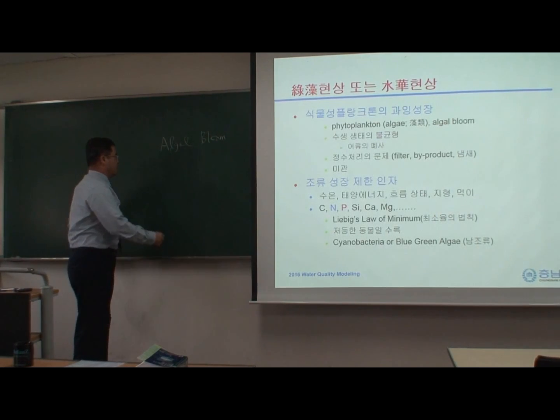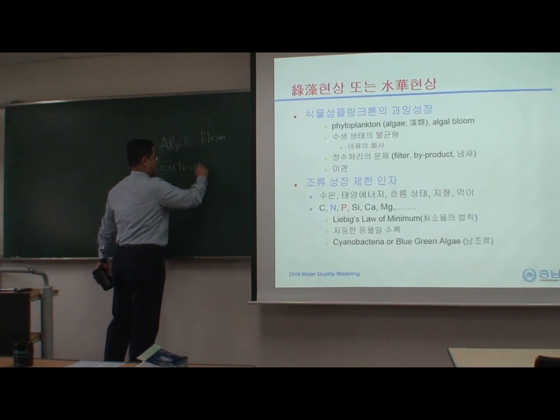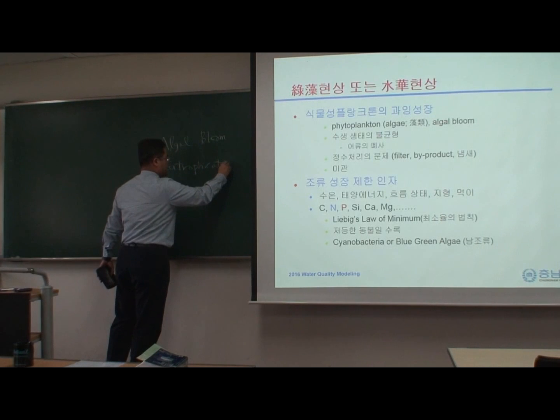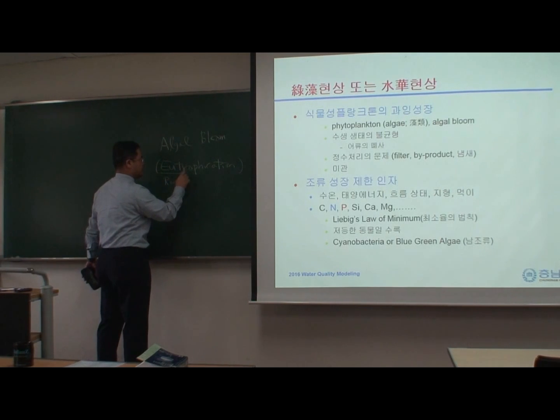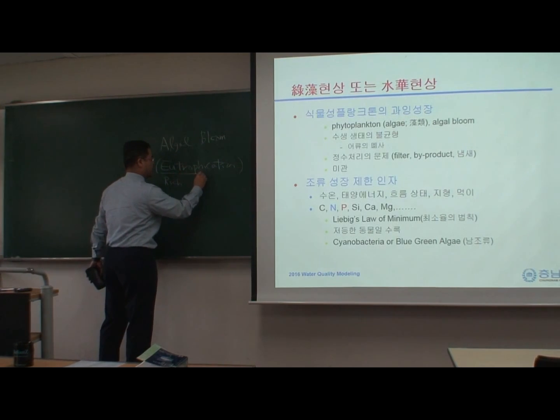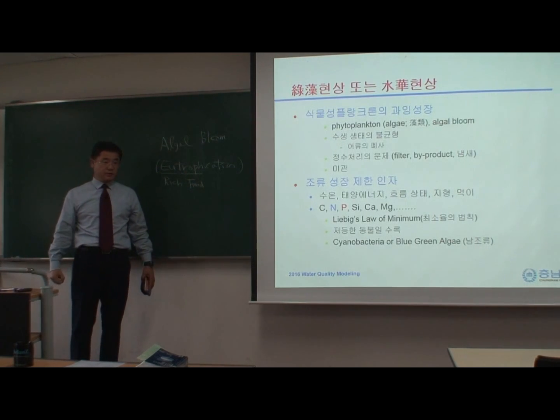And what is algal bloom? We often call this eutrophication. Eu means rich, and troph right here is food. So eutrophication is a food-rich situation.